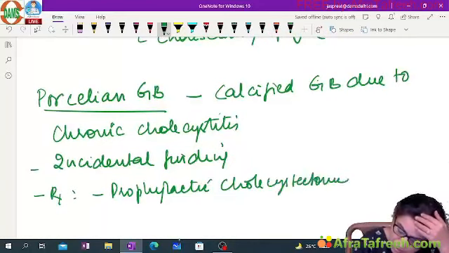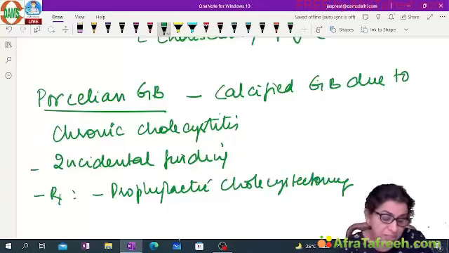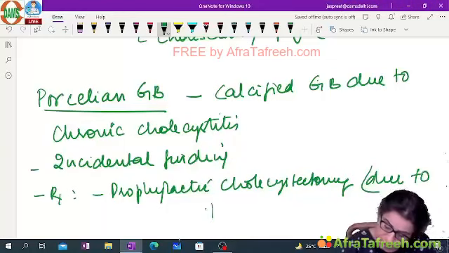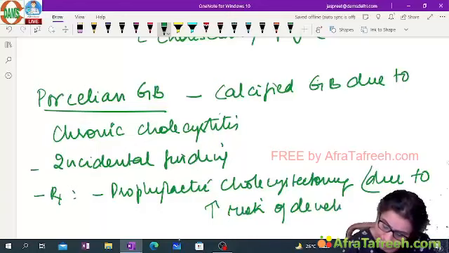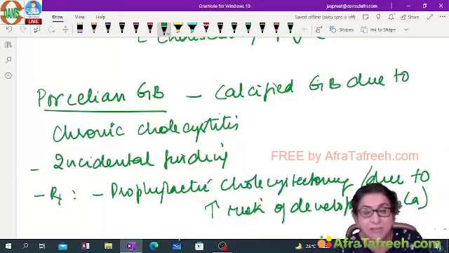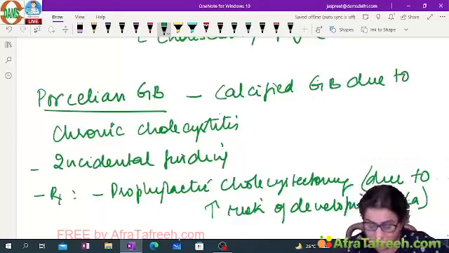If there is porcelain gallbladder, the gallbladder has to be removed because of the increased risk of developing gallbladder cancer. So prophylactic cholecystectomy has to be done.